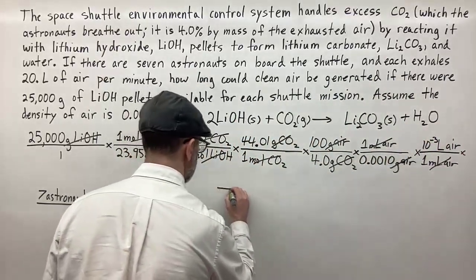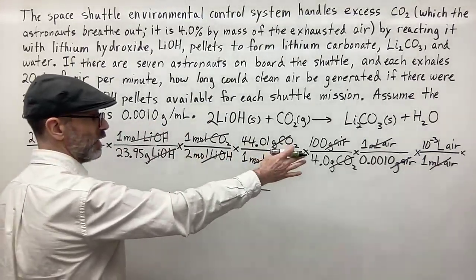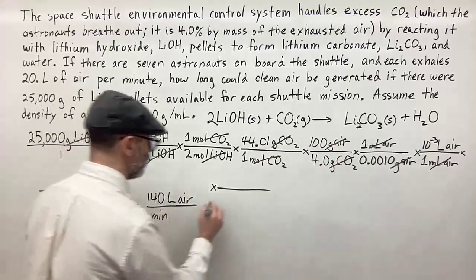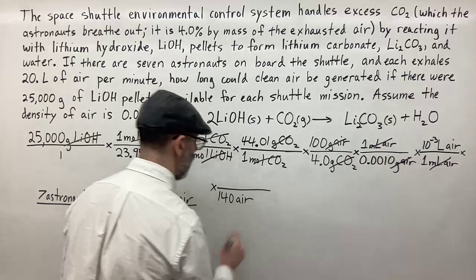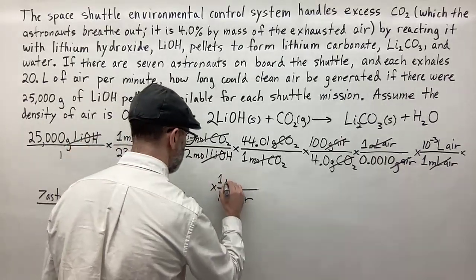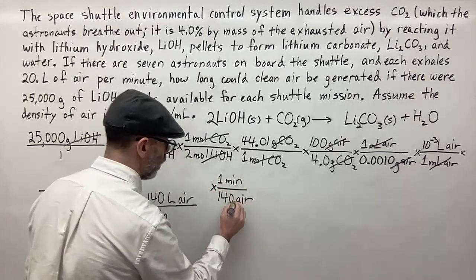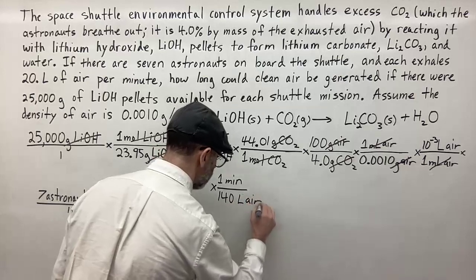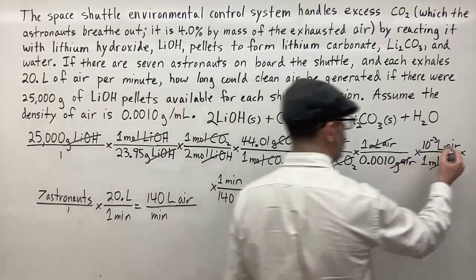I have liters of air on the top, so I'm going to put 140 liters of air on the bottom and 1 minute on top. So liters of air are going to cancel out here.